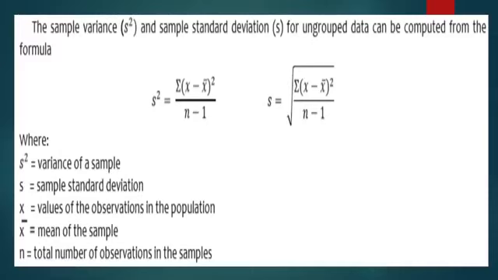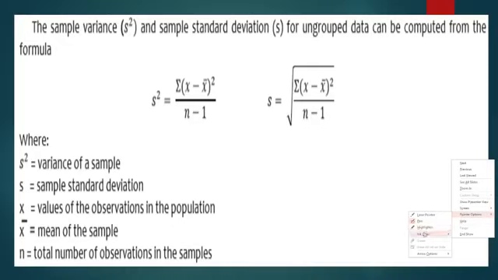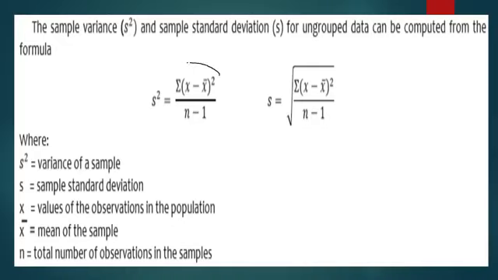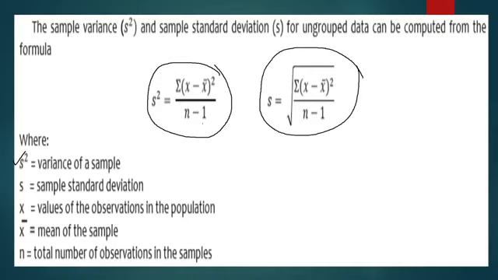Now, this will be our formula. Okay? This will be our formula. Let me change pen first. Okay. So this will be our formula for the variance over here. So S squared is the variance. This one is the formula for the standard deviation. So look at what's inside the square root sign. Diba?